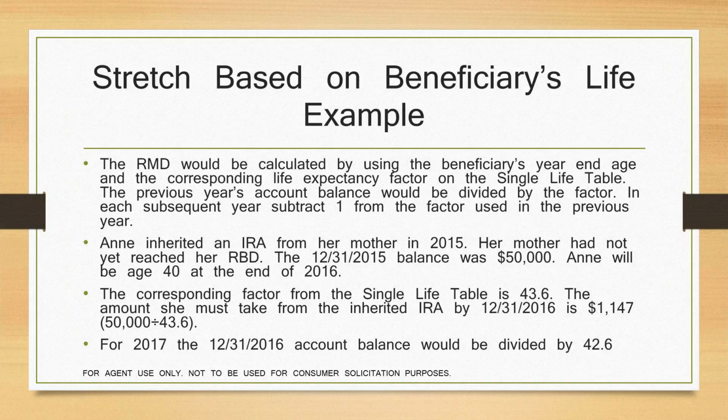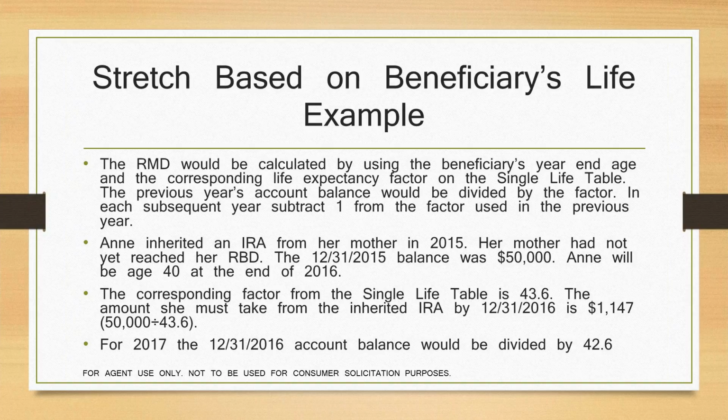So one other choice that a non-spouse beneficiary has, if the decedent had not yet reached the required beginning date, is the option to completely liquidate the account by the end of the 5th year after the decedent's death. Well, don't they have that option anyway if they choose to stretch?